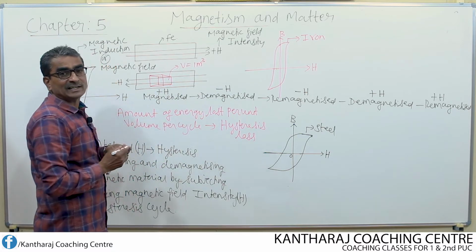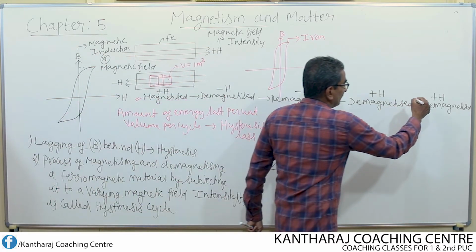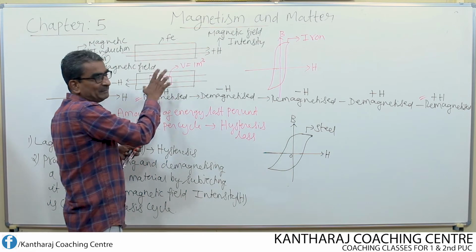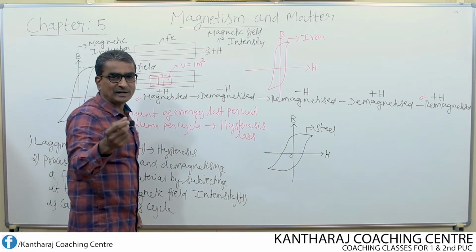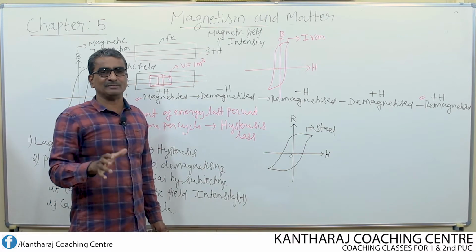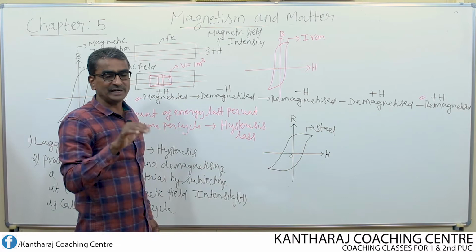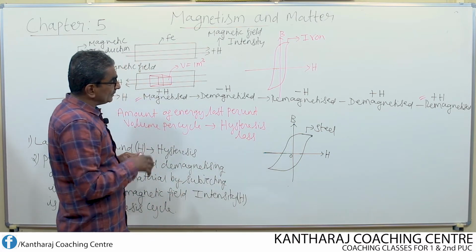In every cycle, to magnetize and demagnetize during the entire process of the hysteresis cycle, whatever amount of energy is lost is nothing but the hysteresis loss, and it appears in the form of heat. So this also we studied.